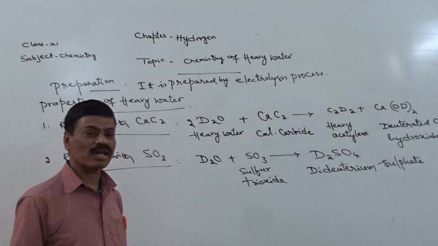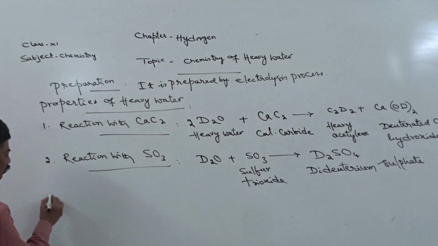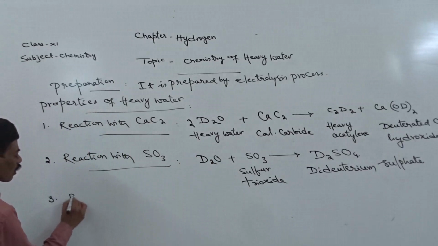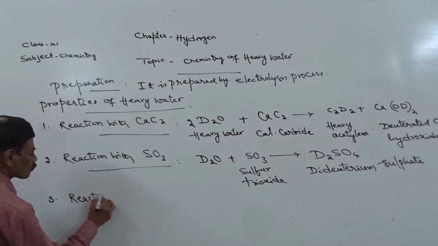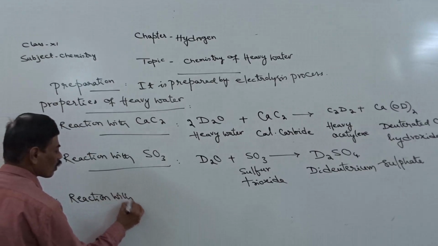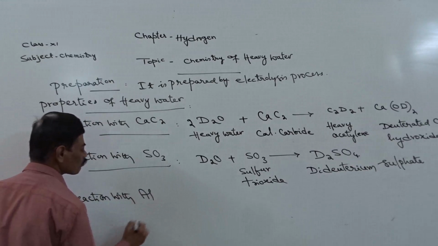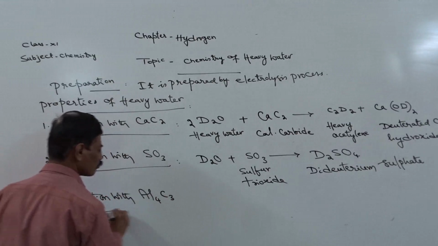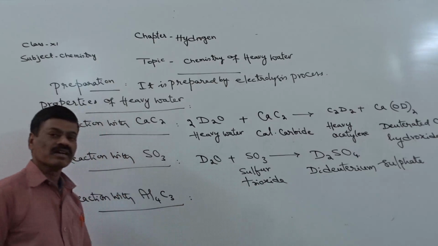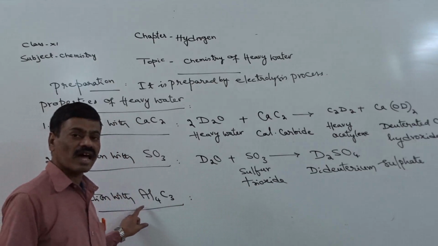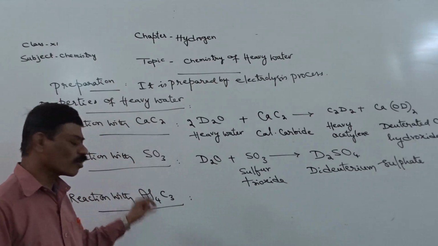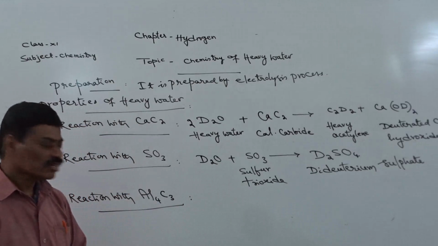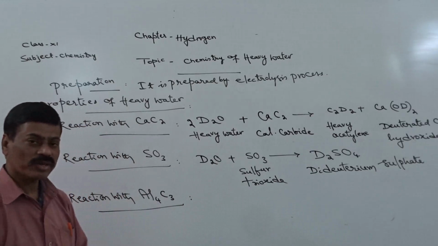Now the last chemical property of heavy water is reaction with aluminium carbide. Name of this substance is aluminium carbide, Al4C3. Now let us see what products we are going to get.